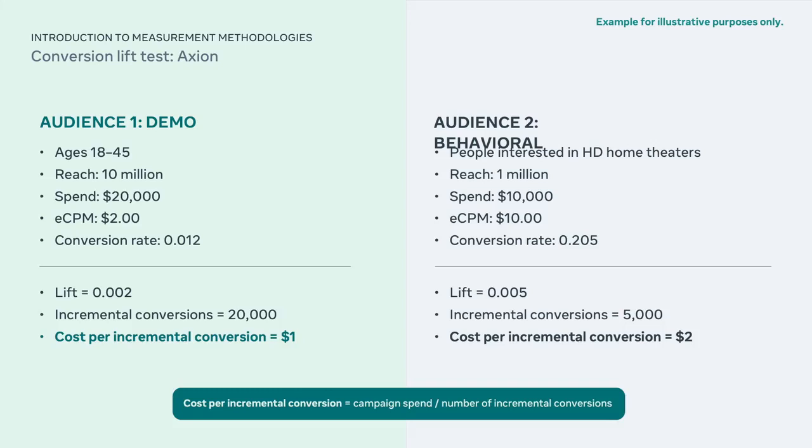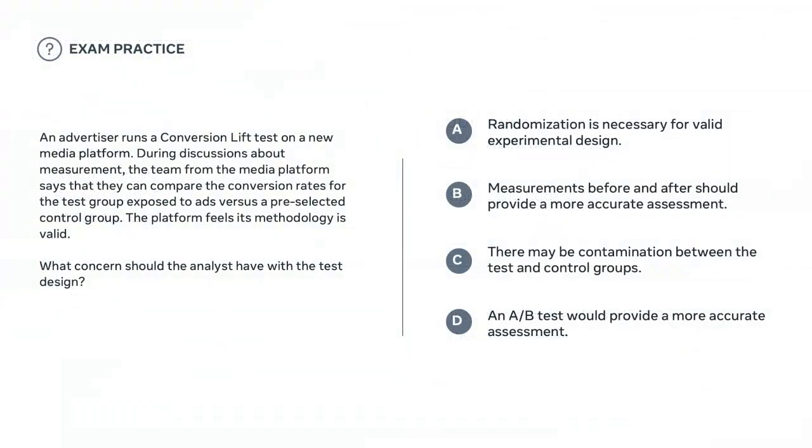This gives us a $1 cost per incremental conversion for the demographic audience and $2 per incremental conversion for the behavioral audience. So in reality, audience number 1 is actually a lot more cost efficient. And that is why it's so important to conduct lift tests in general. They can help you understand how to make a lot more efficient strategic investment choices.